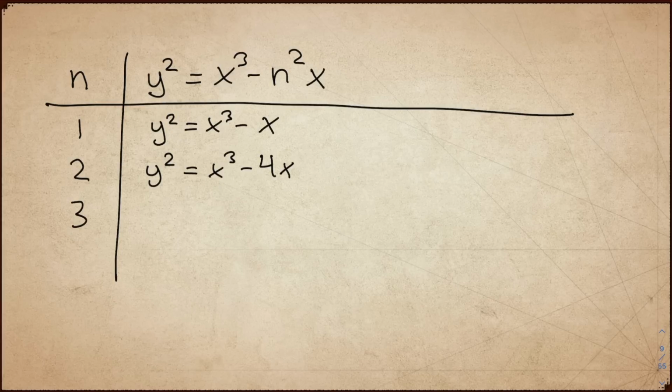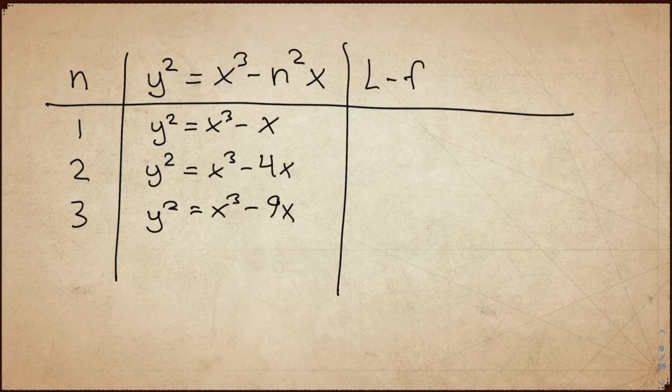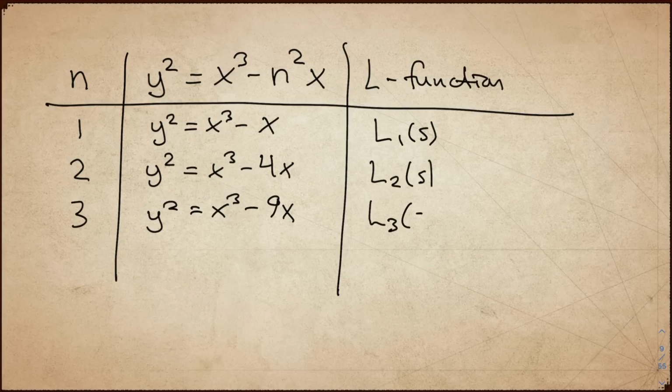And for n equals 3, it's y squared equals x cubed minus 9x, and so on. Each of these equations has an L function. We could say L1 of s, L2 of s, L3 of s, and so on. This sequence is a family of L functions, coming from a family of equations, in this case, a family of elliptic curves.